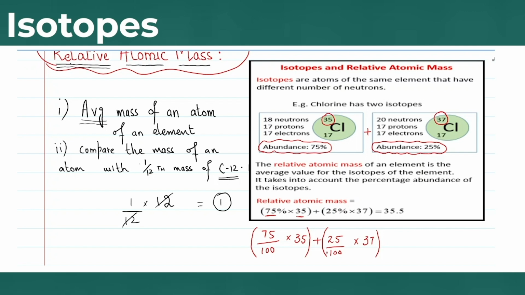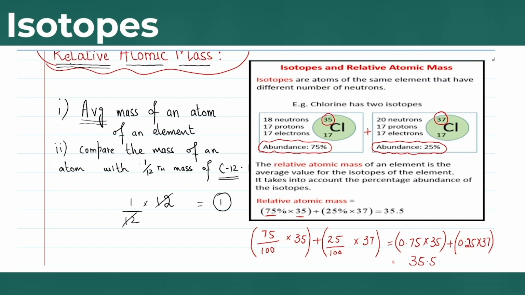its relative abundance. So when we simplify this, it becomes 0.75 multiplied by 35, the first isotope, plus the second isotope, 0.25 multiplied by 37. So when we simplify this, we'll get this value, 35.5.